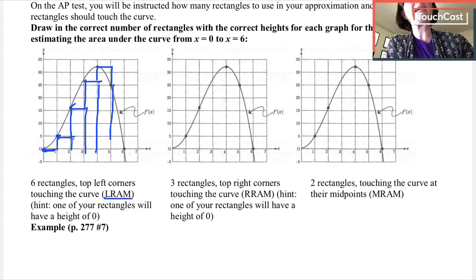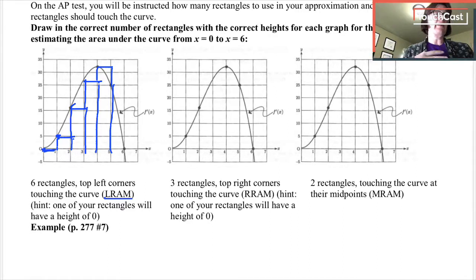So in the little PowerPoint I did, when I did LRAM, all the rectangles were too small. And when I did RRAM, all the rectangles were too big. It's not always a guarantee that the rectangles are going to be all too big or all too small. You're going to stick to this instruction and the rectangles come out like they come out.